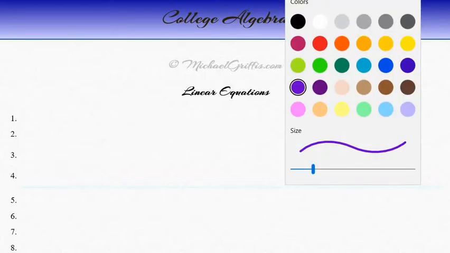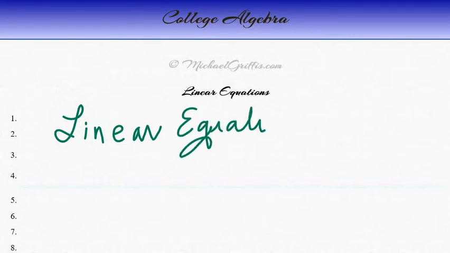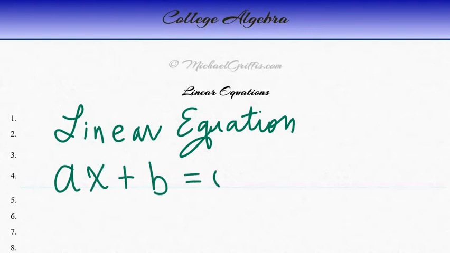A linear equation should look like this, where ax plus b is equal to 0.